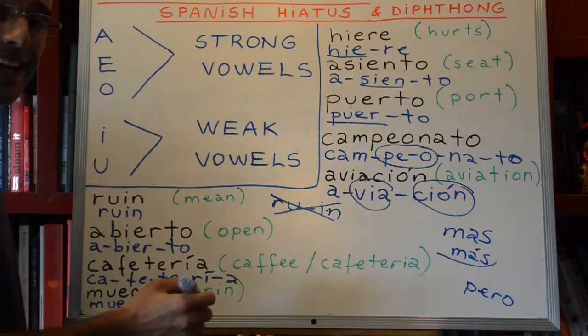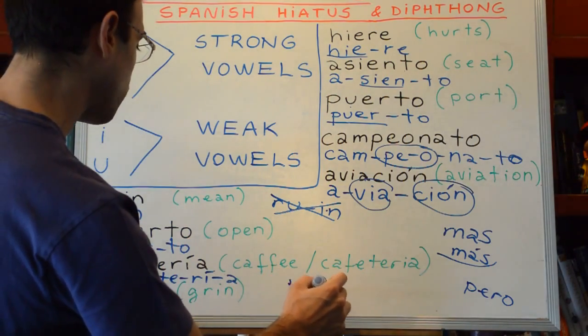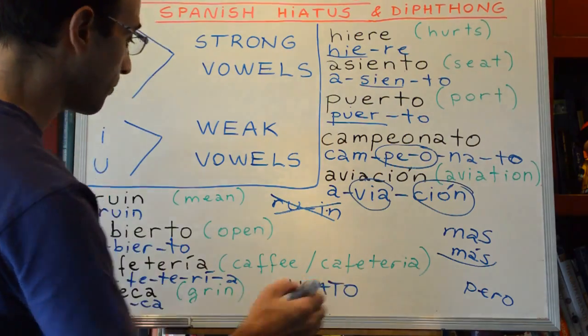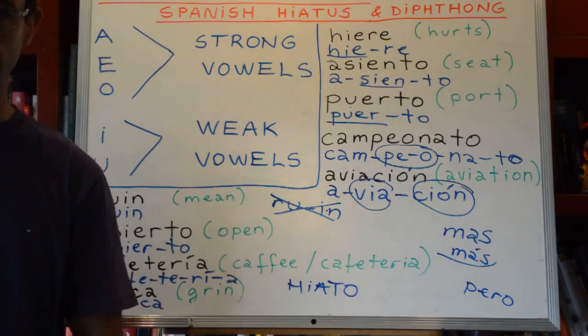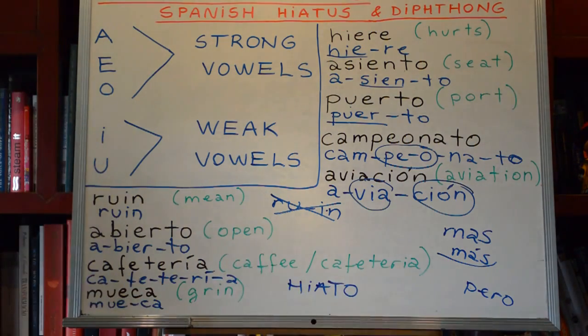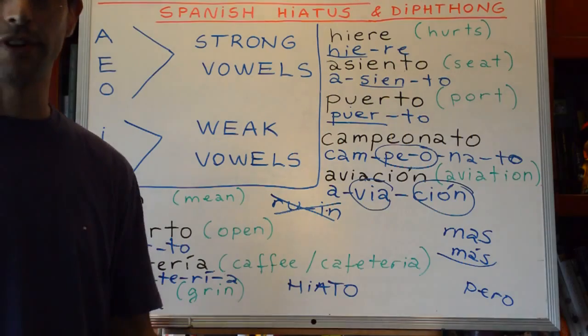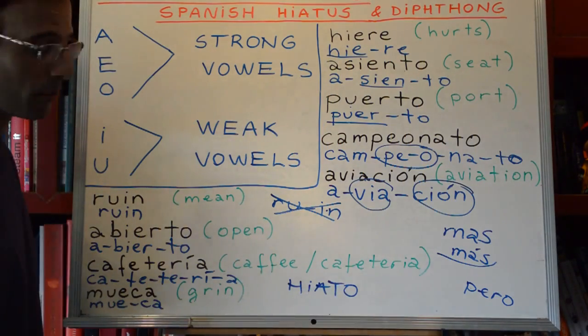La forma como se escribe hiato en español es así: hiato. Hiato is hiatus in Spanish, right? Now look how ironic. The word hiatus in Spanish actually has a diphthong. Why? Look, here we have two vowels together, right?